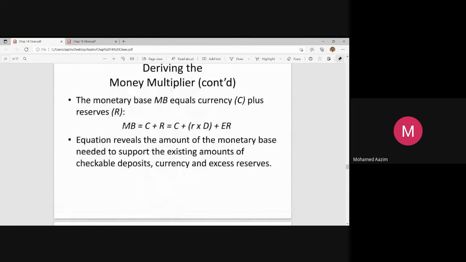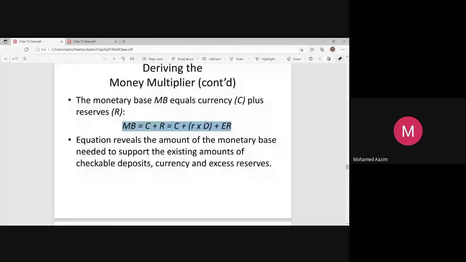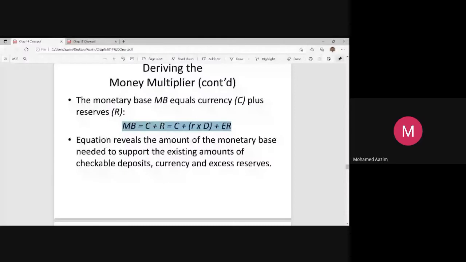This is the equation. C we didn't expand. ER, excess reserves, we didn't expand here. Only the required reserves, RR, been expanded to say required reserve ratio times deposits. So this component, this r times D plus ER, is nothing but R, reserves.